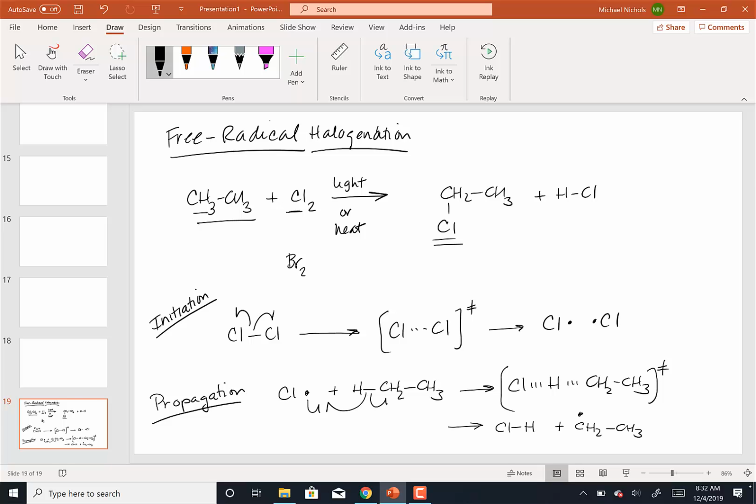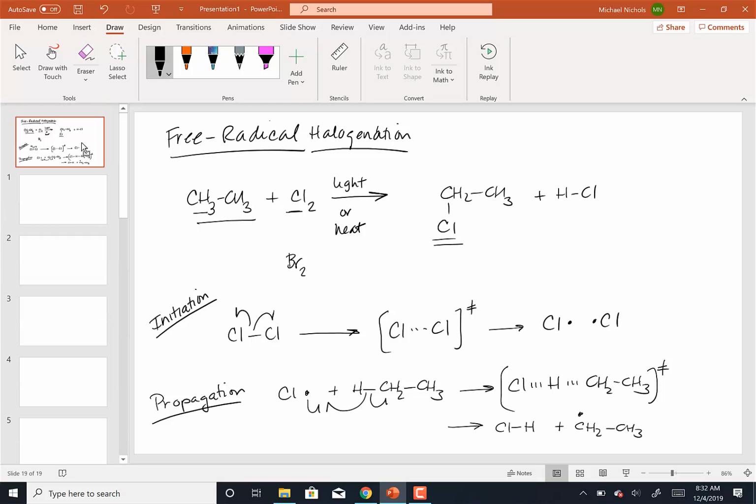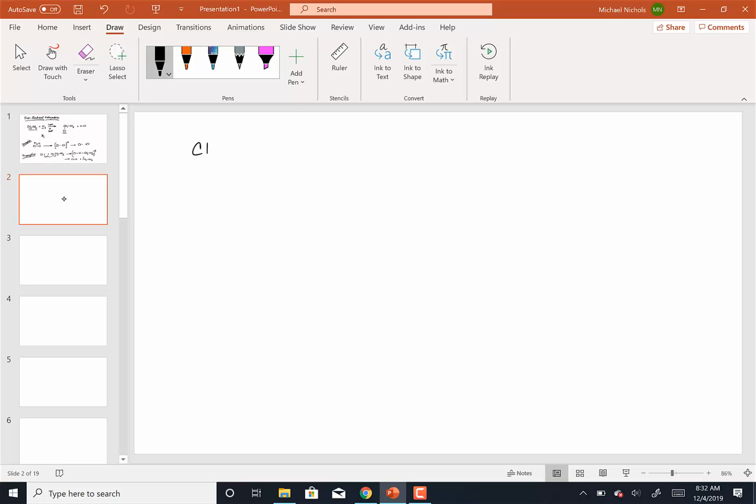Okay. So next I need to do the second step in this reaction, which is to take that carbon radical, and hopefully this isn't too confusing, I'm going to switch it around so it's pointing inside, because now the carbon radical is going to react with Cl2.